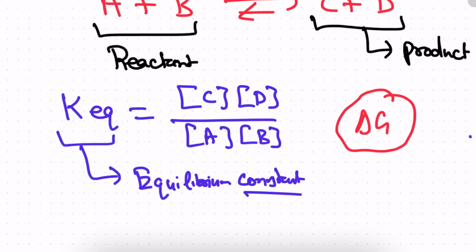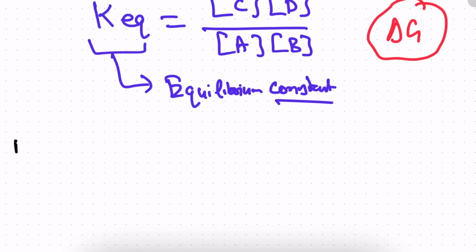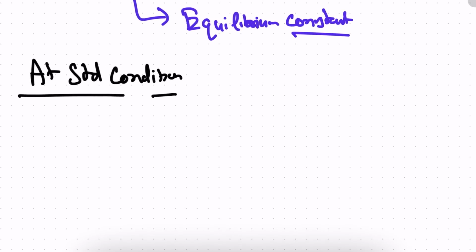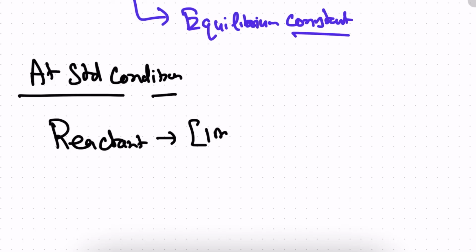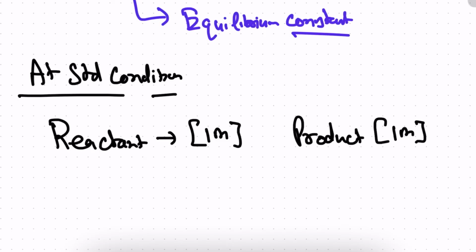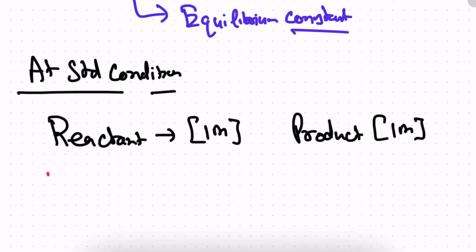Now if this reaction is going to occur at standard condition, what are these standard conditions? It means that your reactant is present at a concentration of 1 molar, and the product is also present at a concentration of 1 molar, and pressure is 1 atmosphere.